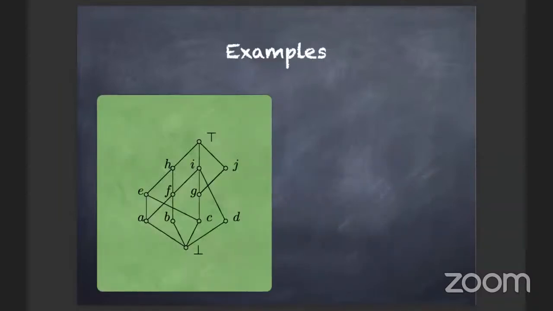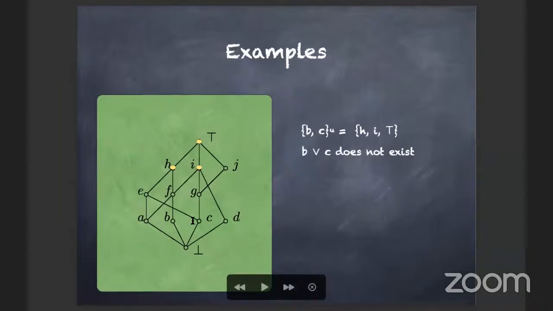For example, consider this poset. Now, if you think of B and C, what are the upper bounds of B and C? As you can check, they are H, I, and top. Do you agree with me?